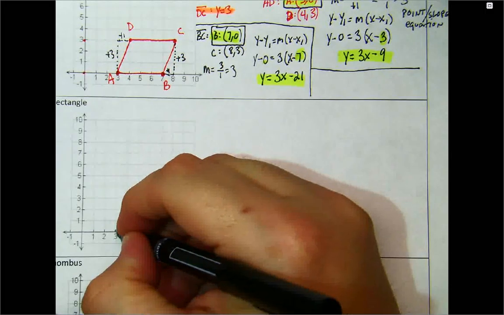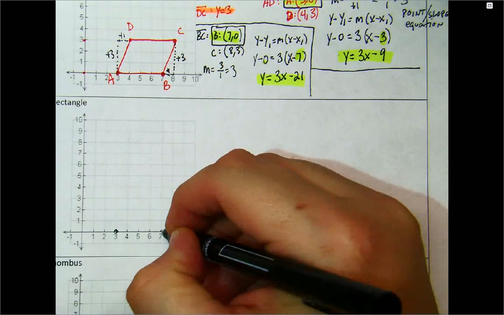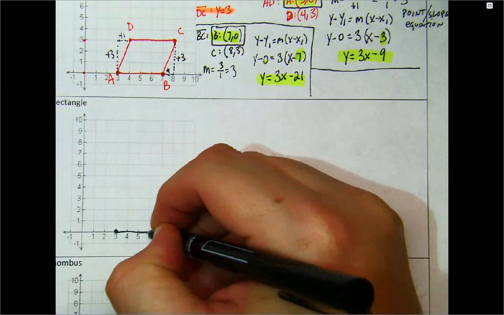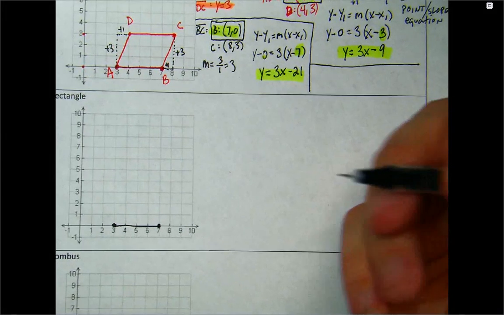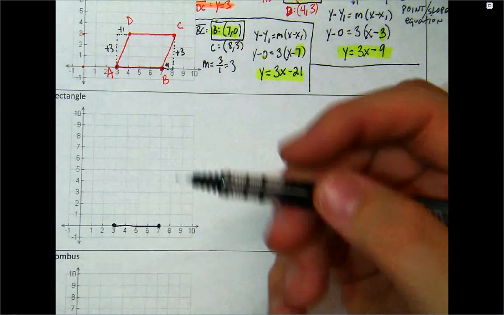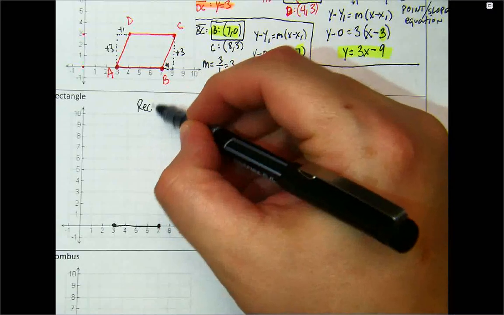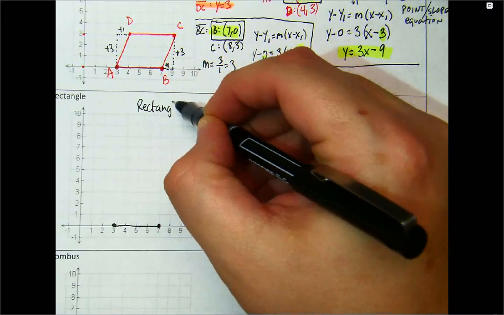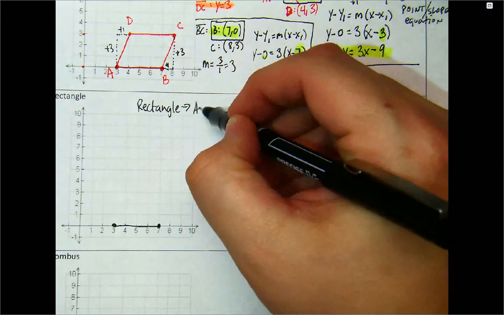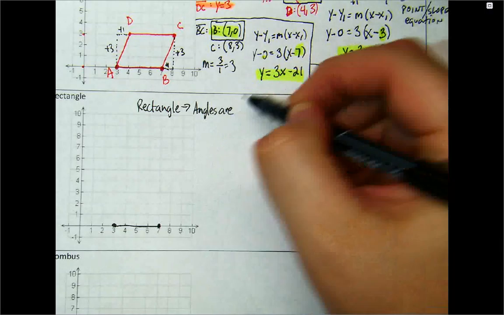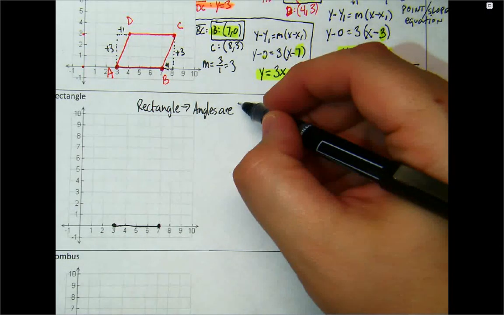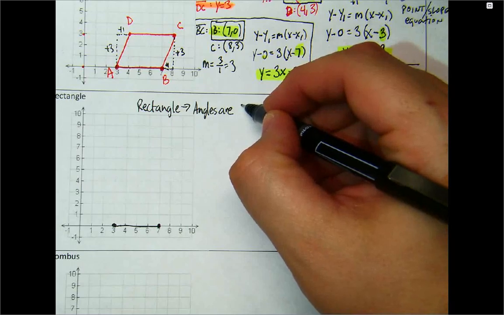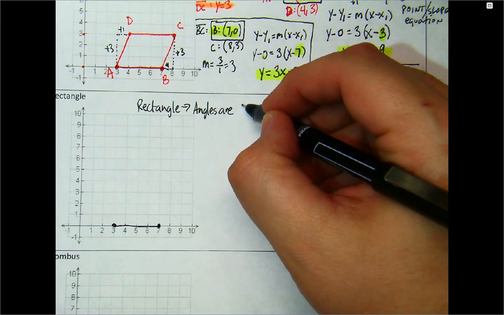That's one side. Now, what's special about a rectangle? What's the measure of the angles? They're the same, which means they have to be 90 degrees.